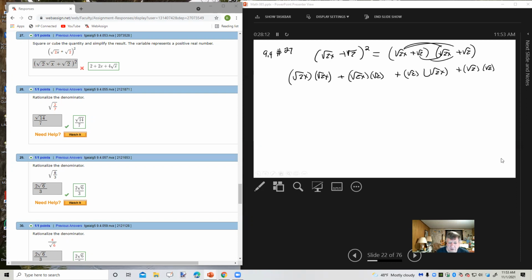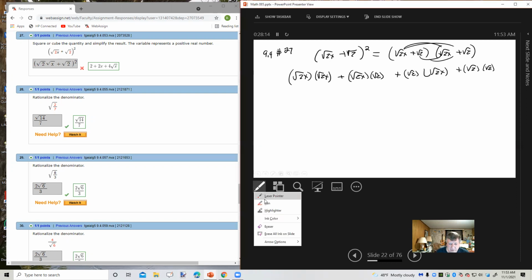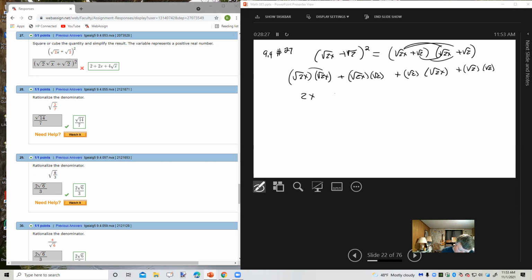Let's clean that up a little bit. There. Okay, so this is going to be 2x. This is going to be 2 square roots of x, because the square root of 2 and the square root of 2 makes the square root of 4, which is 2 outside. This is going to be 2x, and this is going to be 2.